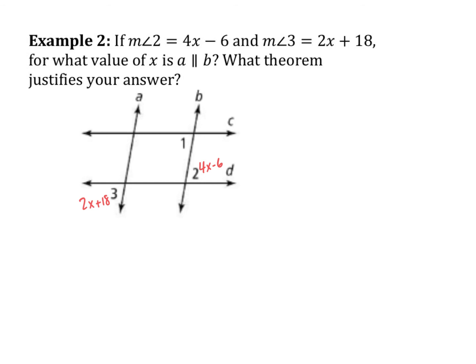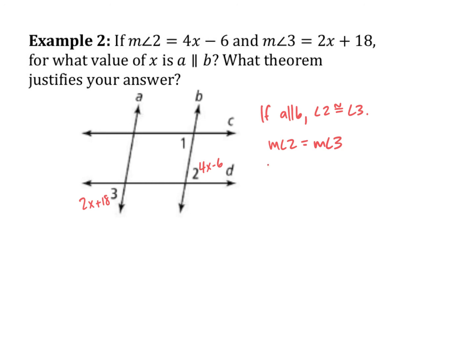I'm going to write that out. If A is parallel to B, angle 2 needs to be congruent to angle 3. So if I take the measure of angle 2 and say that it equals the measure of angle 3, that's what I'm looking for: these two measures to be equal.